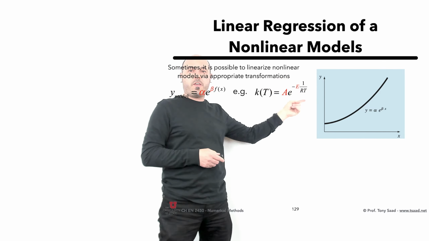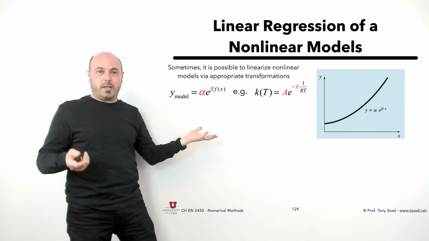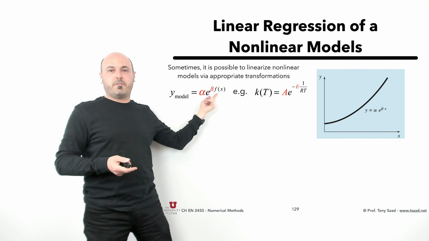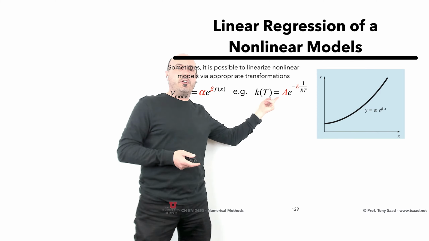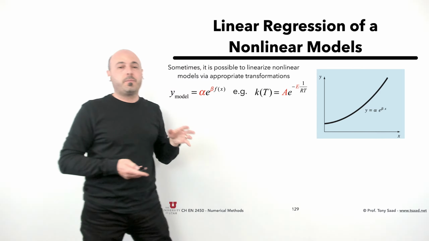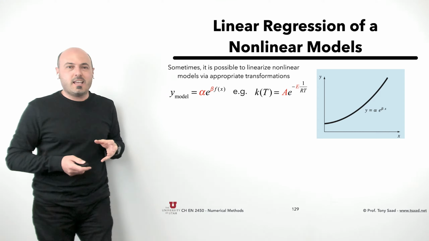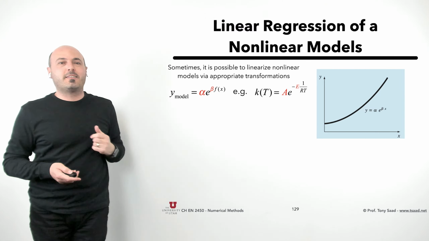So this whole thing, 1 over RT, is your function of temperature. That's the equivalent of f of x over here. And your unknowns are A and E. Now in this particular case, we can do a transformation and make this linear.